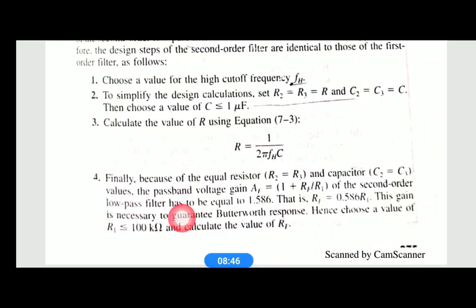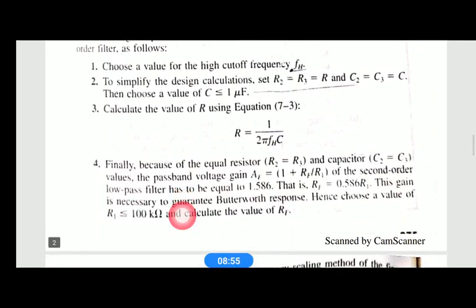After calculating the R value, finally, we are selecting the gain AF, which is equal to 1.586. You need to fix this for a second order low pass Butterworth filter. So this is the design criteria. If you select this, the response of the Butterworth low pass filter is very good.